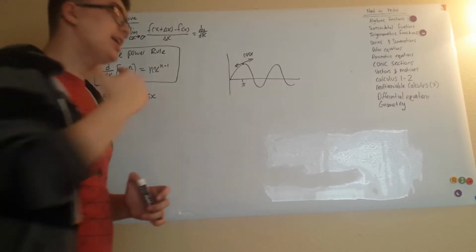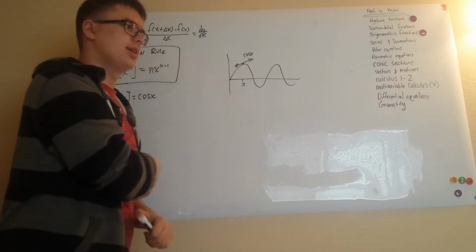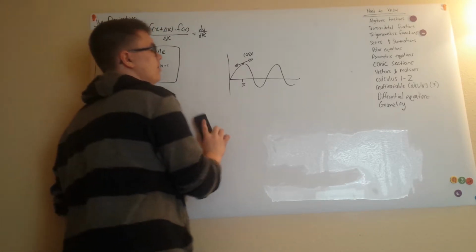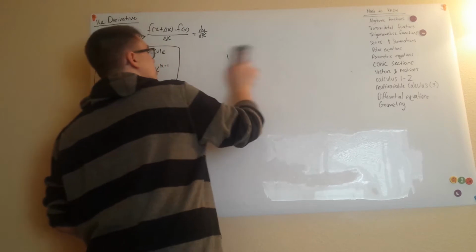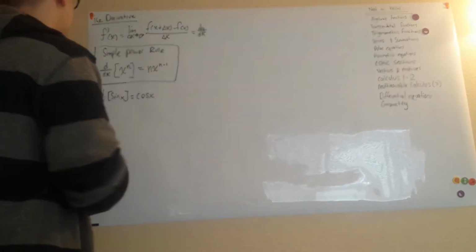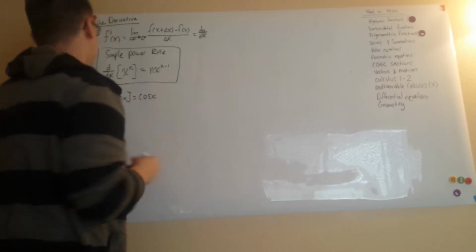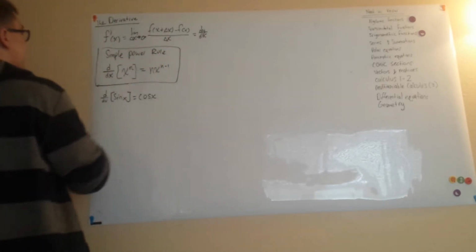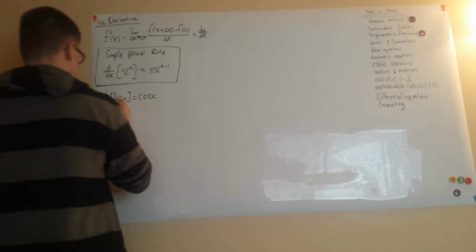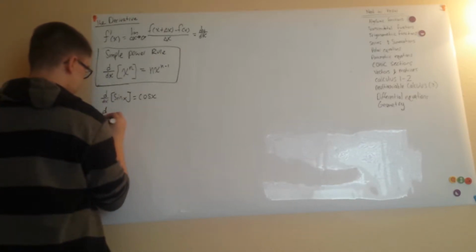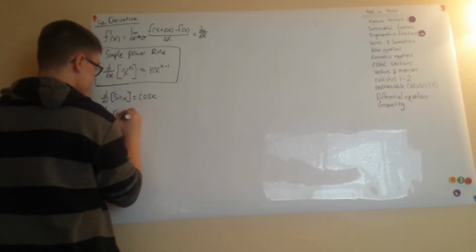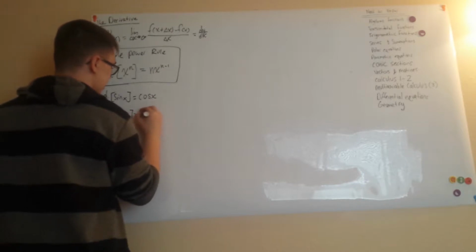The slope of sine x at any point is cosine x. That's kind of weird. There is a proof, it's not that hard, using the special limits. The derivative of cosine x, ooh, is negative sine x.